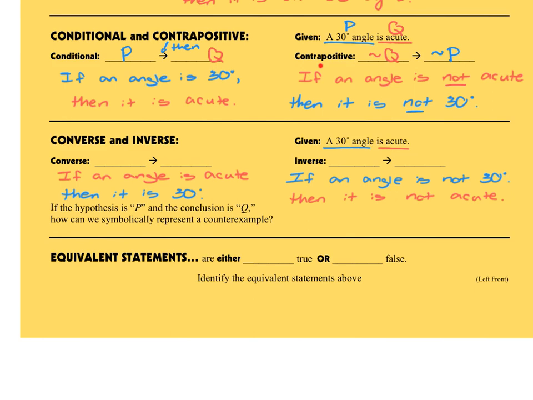So symbolically, the contrapositive is: if not Q, then not P, looking at the original conditional.